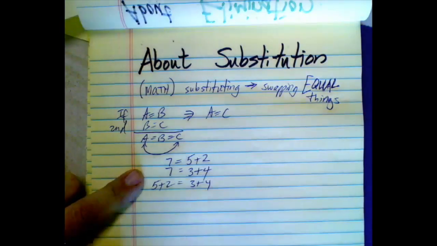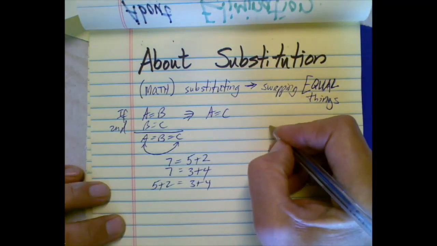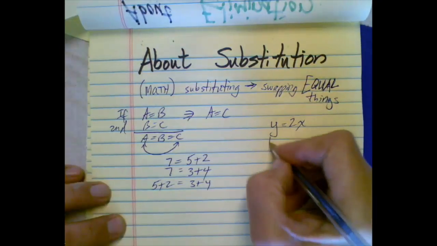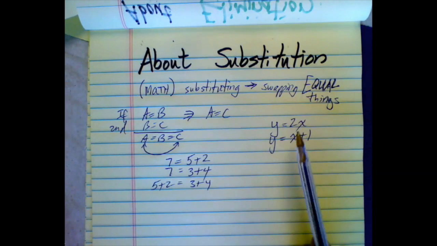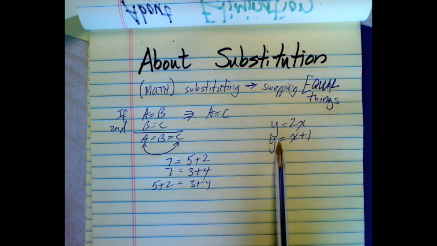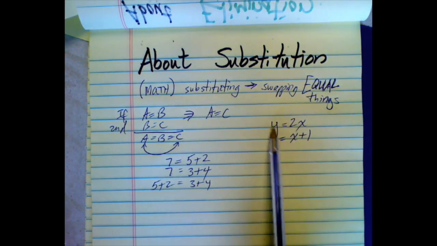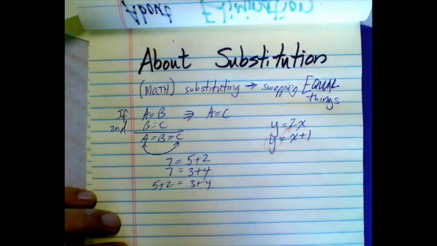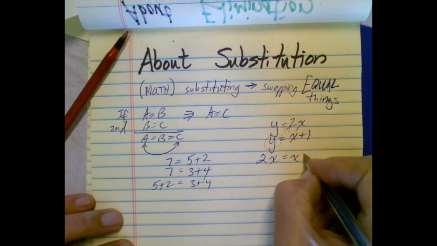So how does this translate into algebra? Because this is what will matter for the work this week. Say you have a system of equations, y equals 2x and y equals x plus 1. The nice thing about this arrangement is that one variable is all set by itself. Sometimes you have to do some manipulating to get a single variable by itself. Since these y's are the same, I'm going to swap out this y with that, and now I can write it as 2x equals x plus 1.